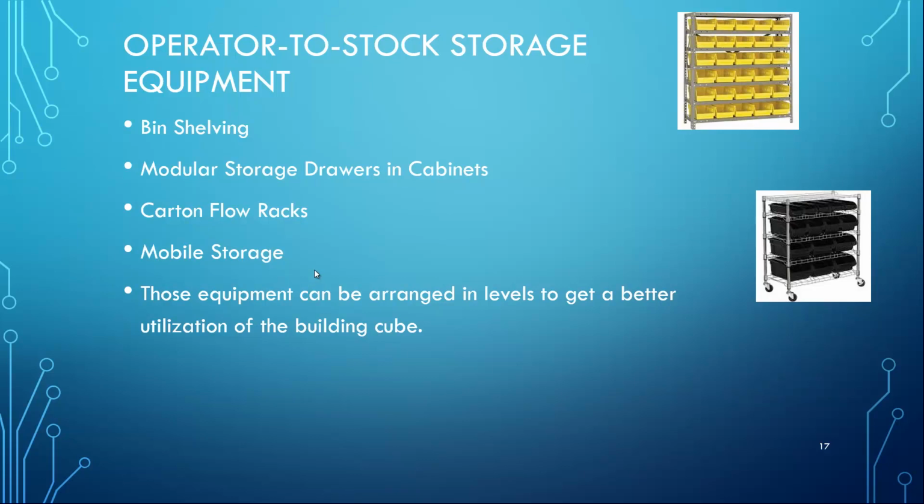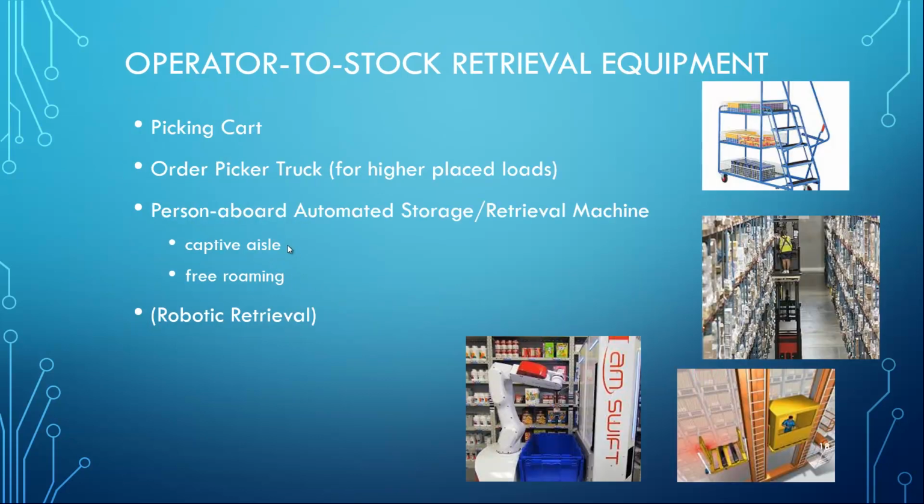Some operator to stock equipment are the bin shelving, the modular storage drawers in cabinets, the carton flow racks, and the mobile storage. Those equipment can be arranged in levels to get a better utilization of the building cube.